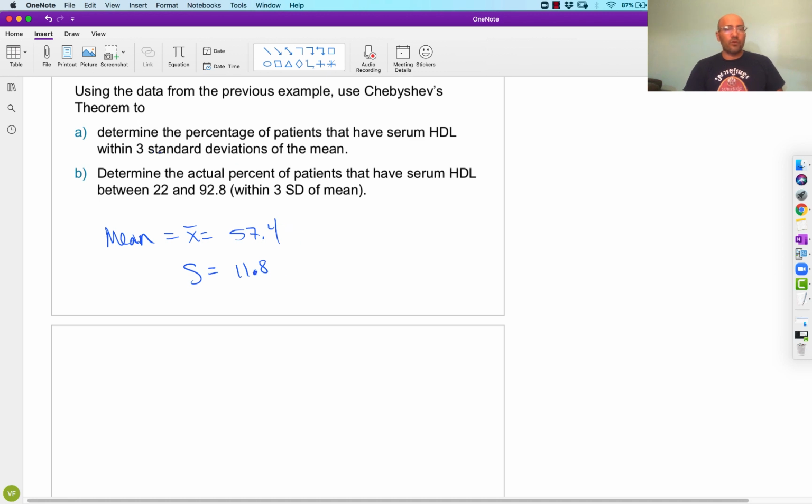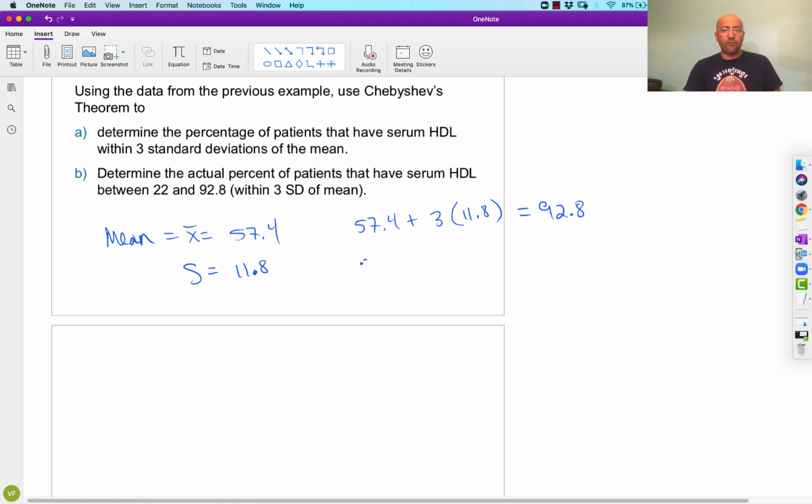So if we're doing within 3 standard deviations, we're going to go above and below by multiples of 3 of the standard deviation. So that would be 57.4 plus 3 times 11.8. That'll get me to the 92.8, I think. 11.8 times 3 plus 57.4, 92.8, okay.